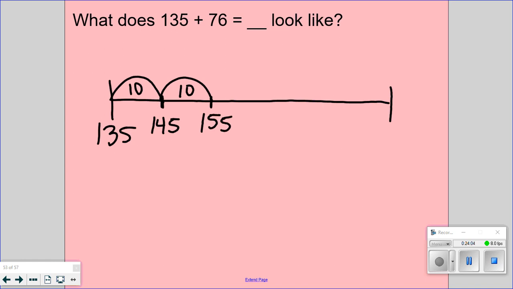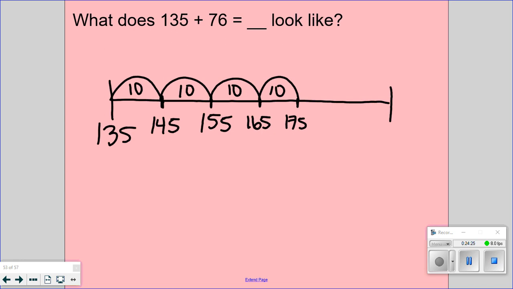Colby, now what? What's my new endpoint? Gio, now what? What's my endpoint? 175. How far have I gone?